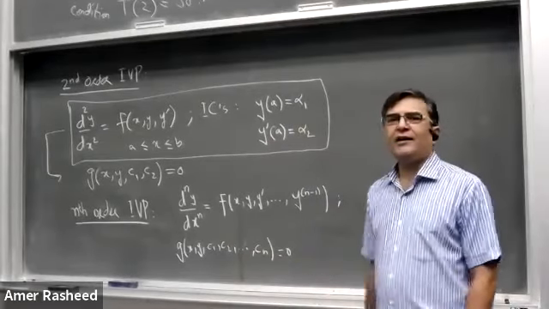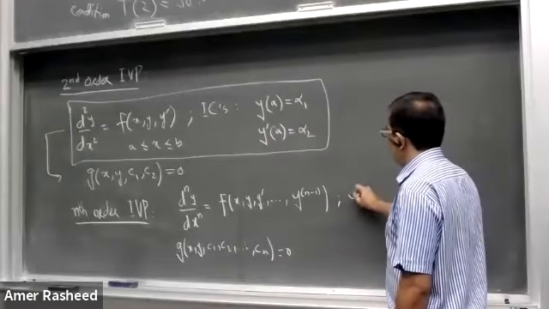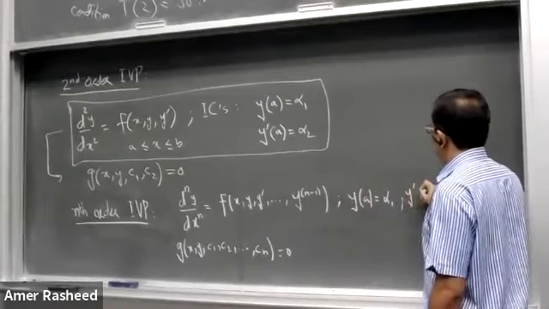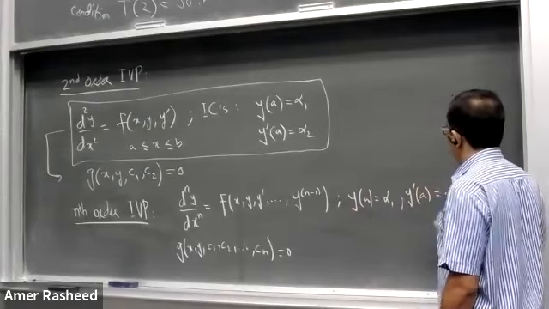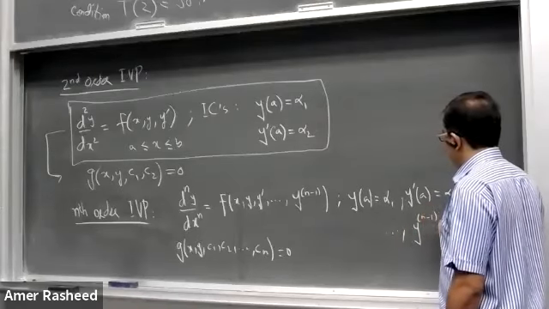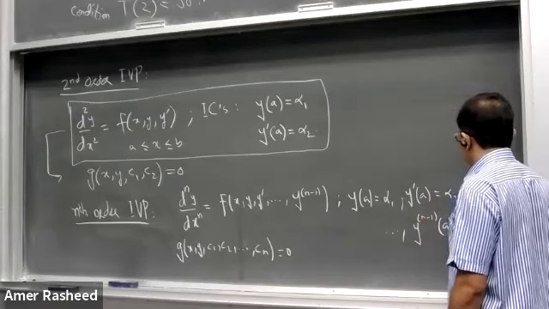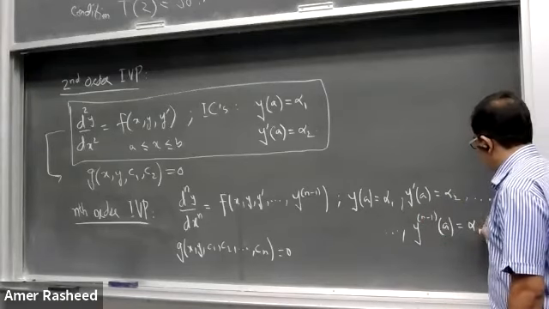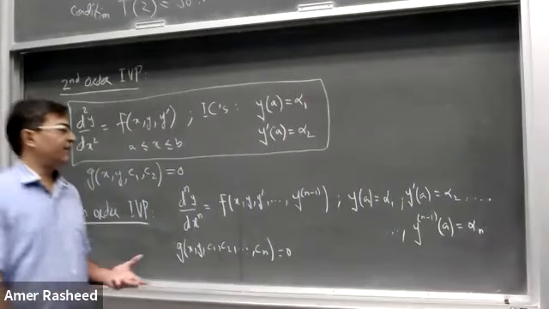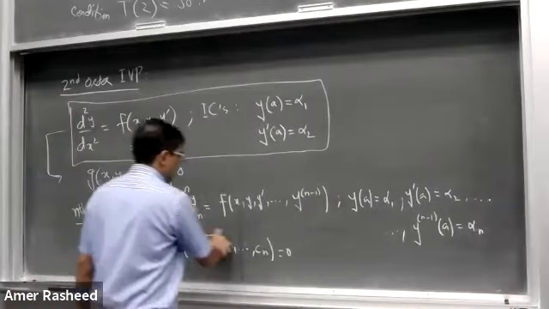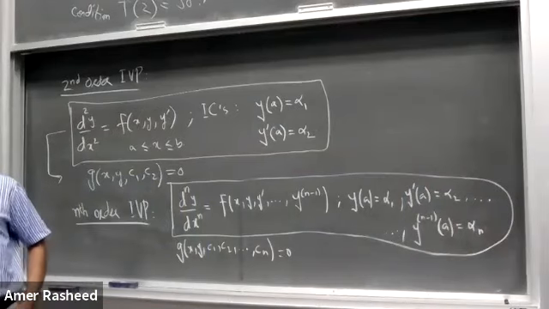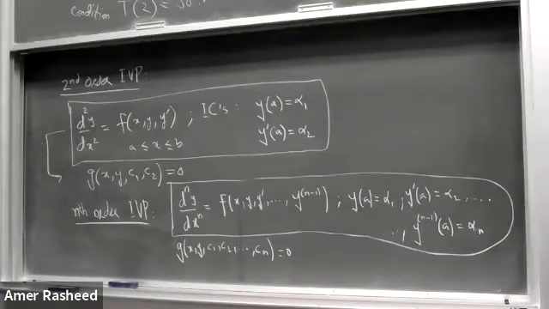We need n initial conditions: y at a is equal to alpha 1, y dash at a is equal to alpha 2, and so on, up to the (n minus 1)th derivative of y at a is equal to alpha n. We need n initial conditions in order to solve this initial value problem. So this differential equation along with n initial conditions is called the nth order initial value problem.